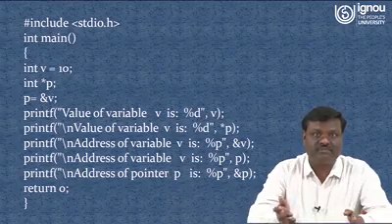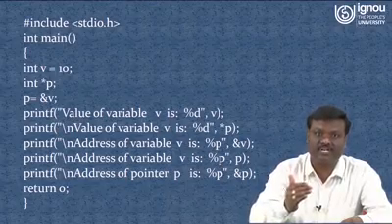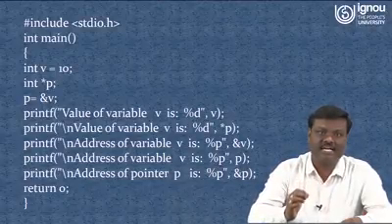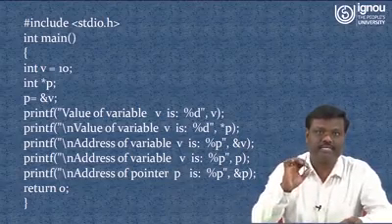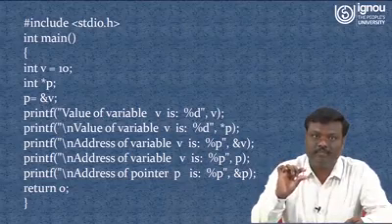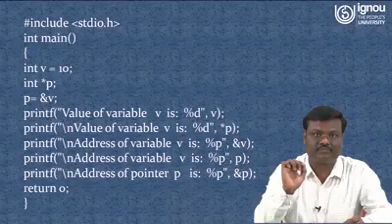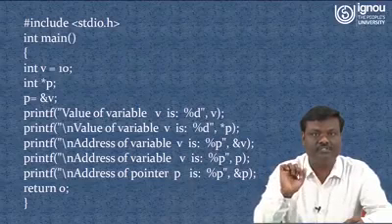There is no other place where it will be stored separately, so it will have a separate location. Suppose v has 2000 as its address. So at memory location 2000, 10 is stored and the name of that integer variable is v. Here p is a pointer variable in which we are capturing the address of v.